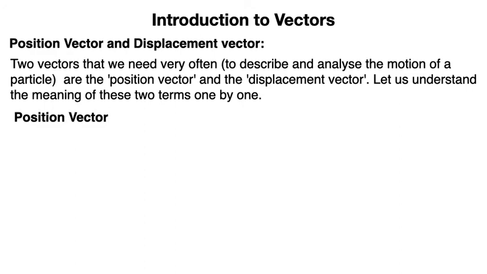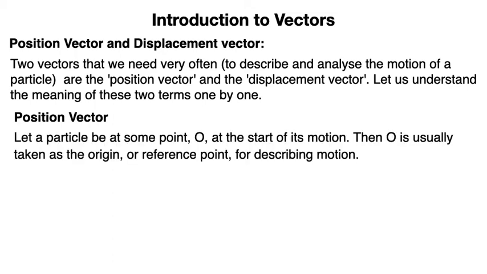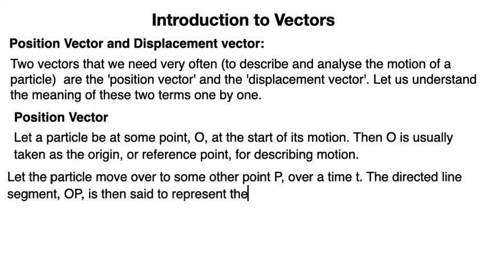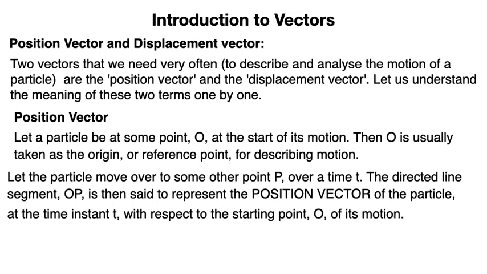Let a particle be at some point O at the start of the motion. The starting point O is usually taken as the origin or the reference point to describe the motion. The particle now moves to P over a time t.